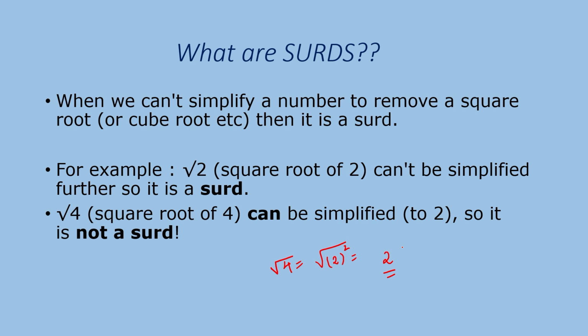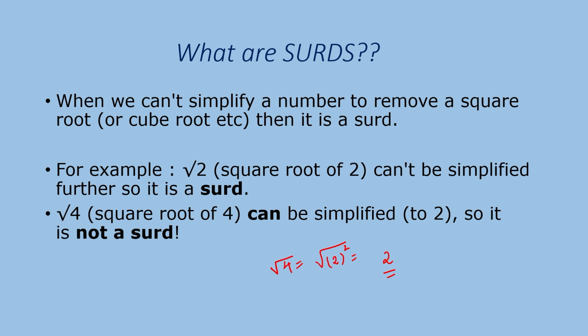So 2 is a whole number, or a natural number, so that is not a surd. For a number to be a surd, it should have at least a square root or a cube root, and when we cannot simplify it further into a natural number or a whole number, then that number is known as a surd. For example, root 2 is a surd, root 3 is a surd.